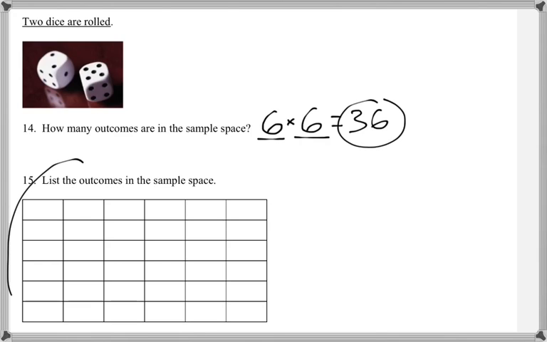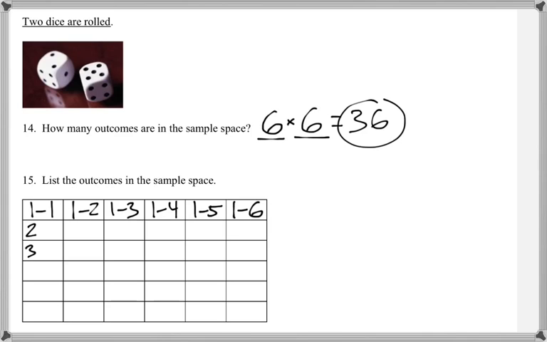And number 15 wants us to list these 36 outcomes. So we can either roll a 1 then a 1, a 1 then a 2, a 1 then a 3, a 1 then a 4, 1 then 5, and 1 then 6. And we can complete this table now with rolling a 2 first, and then a 3 first.